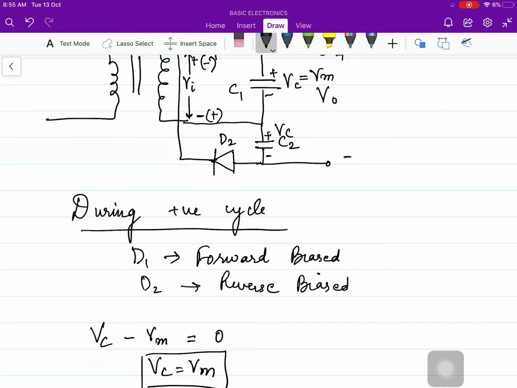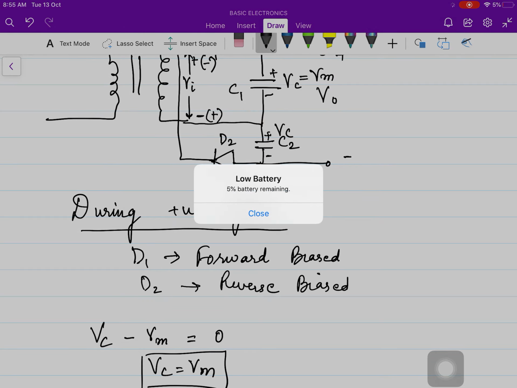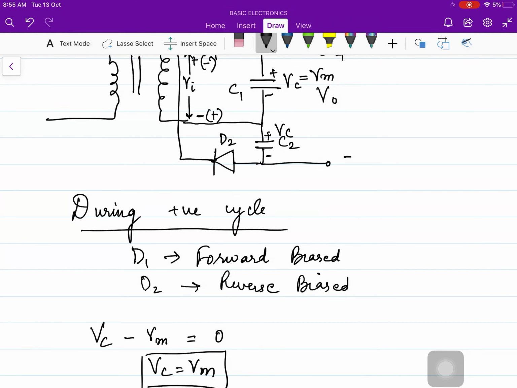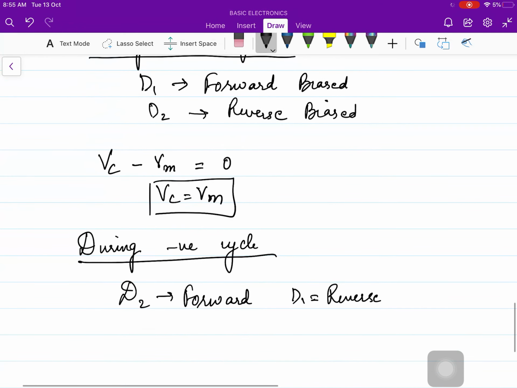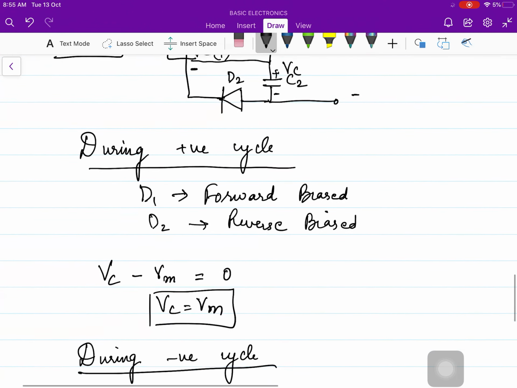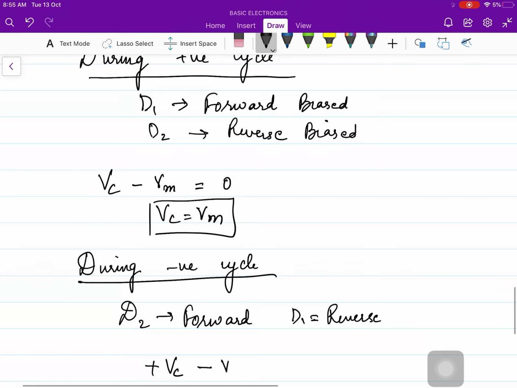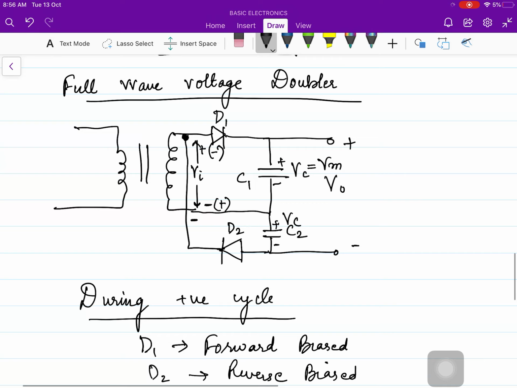So what you will find over here, you are getting a minus on this side, and on the P side you are getting a plus. So what will you get? You will get plus Vc minus Vm is equal to 0. Can you see it very clearly?